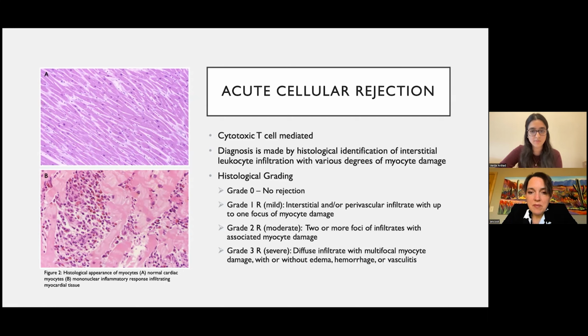Grade 2R, which is moderate, in which there are 2 or more foci of infiltrates with associated myocyte damage. And then grade 3R, which is severe, in which there's diffuse infiltration of lymphocytes with multiple areas of damage, as we see here.